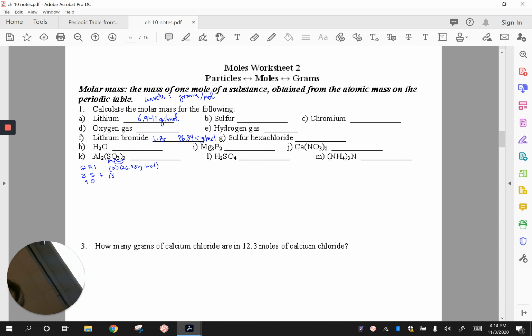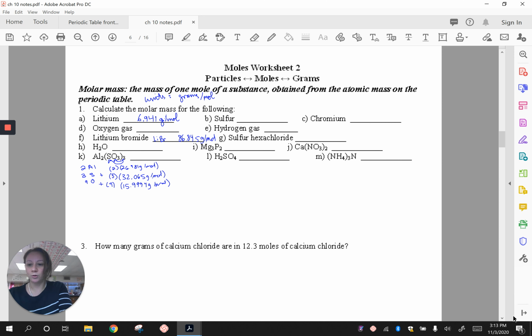Plus I have 3 sulfurs, each are 32.065 grams per mole. Plus 9 oxygens, each is 15.9994 grams per mole. Now, in terms of rounding, I just want you to be reasonable. It depends on the numbers that you're given in your problem.